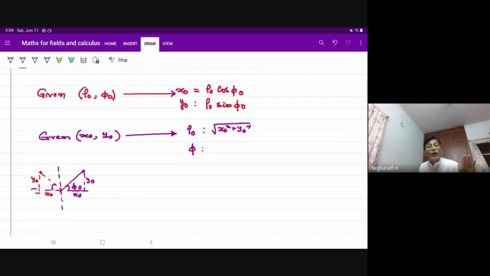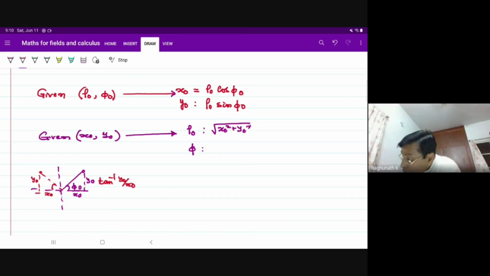Tan inverse of y naught by mod x naught will give me this angle, but I want to know the angle from positive x-axis. So talk about it. This is tan inverse of y naught by x naught. No, I'll not talk about it now. Okay, yeah. This is tan inverse of y naught by x naught. In this quadrant, what is the formula?